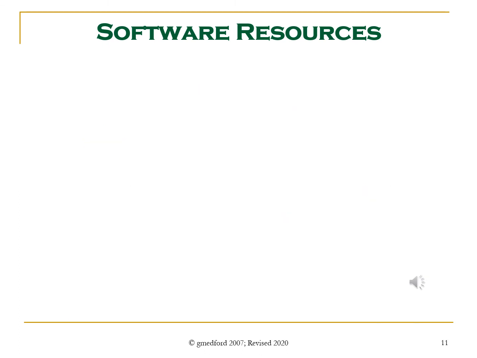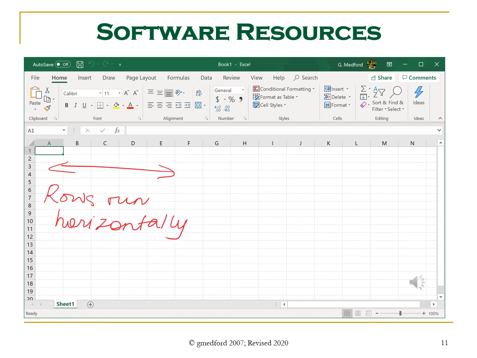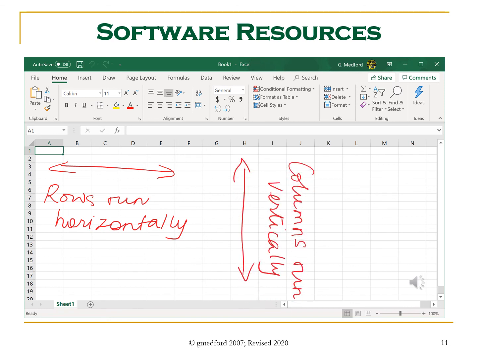Another software resource used by the accounting office is the spreadsheet or spreadsheet packages. Spreadsheet packages are application software programs or packages that organize data into rows and columns and allow the user to perform calculations.